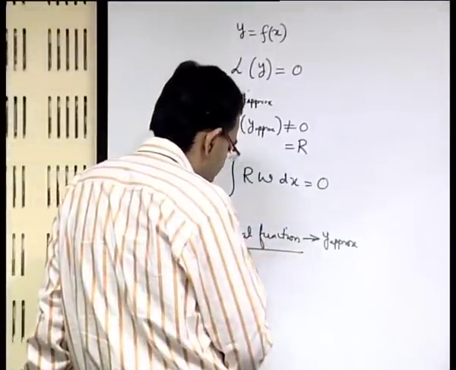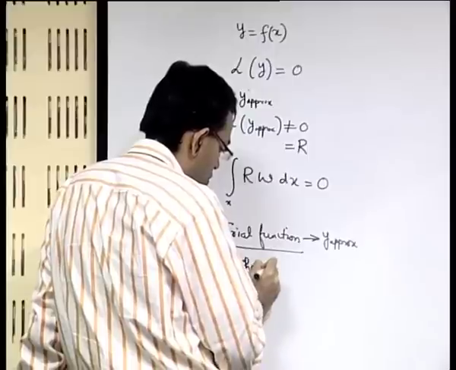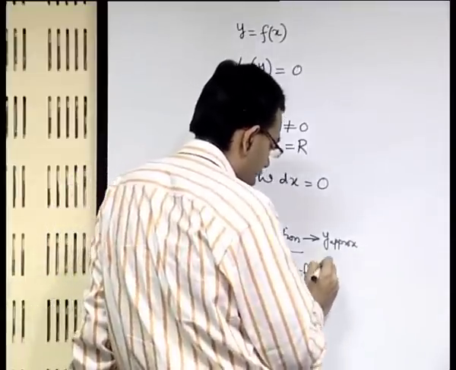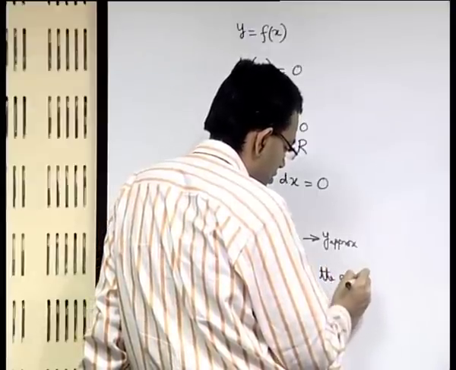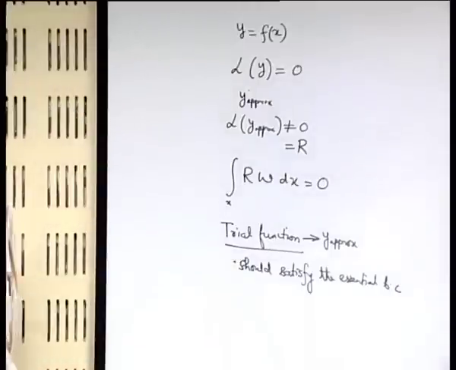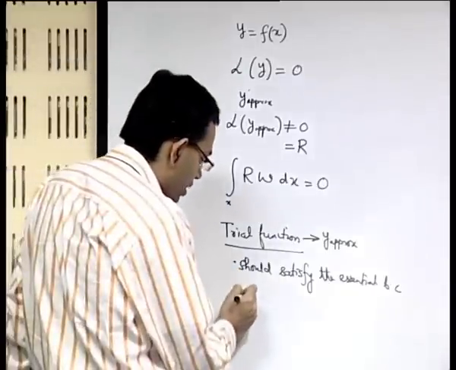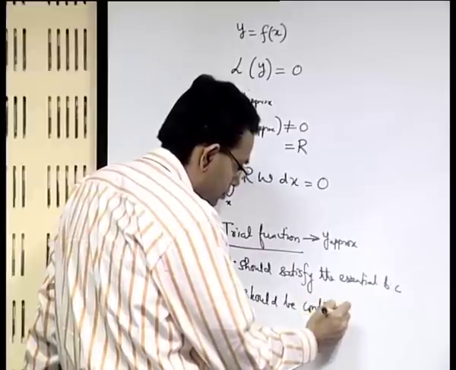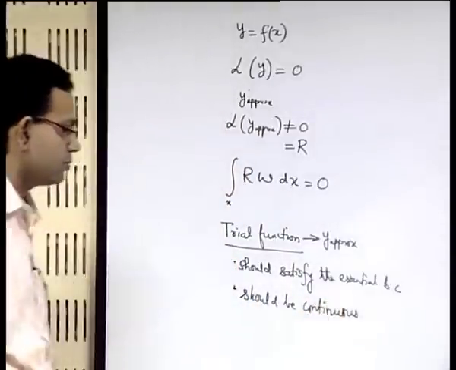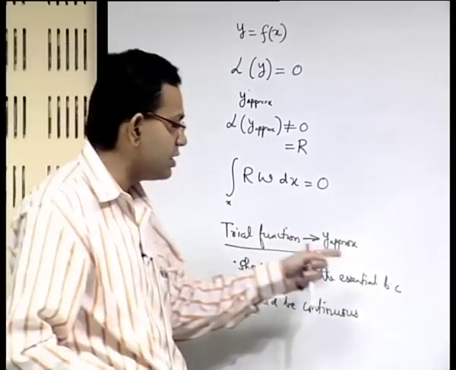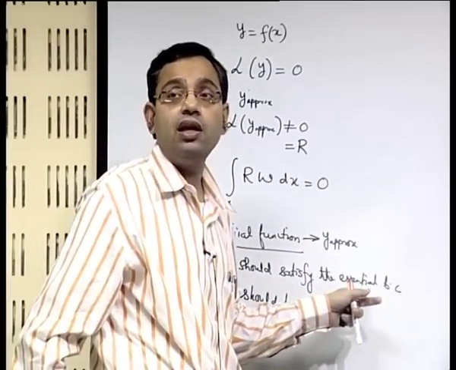So, the trial function should satisfy the essential boundary condition, should be continuous. Again we should keep in mind that satisfying the essential boundary condition is one of the very key requirements.